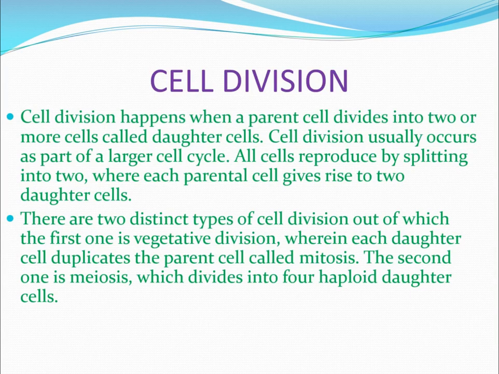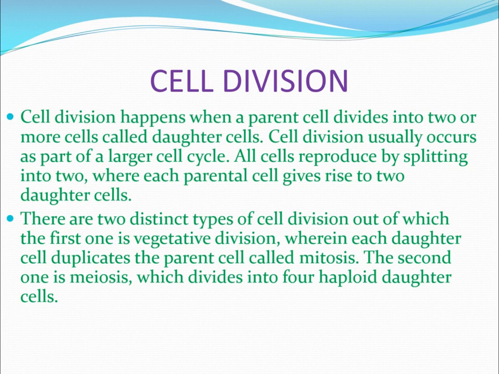There are two distinct types of cell division, out of which the first one is vegetative division, wherein each daughter cell duplicates the parent cell, called mitosis, and the second one is meiosis, which divides into four haploid daughter cells.